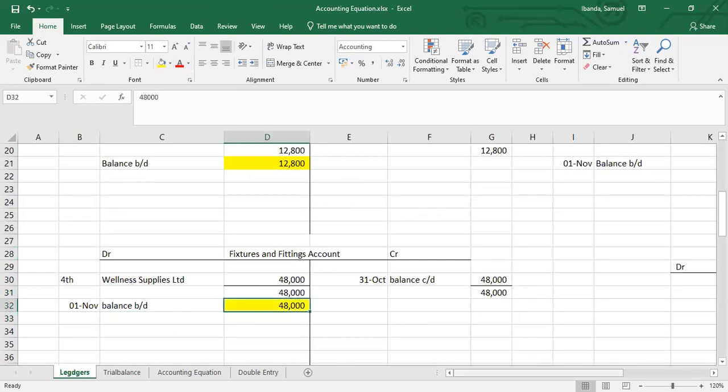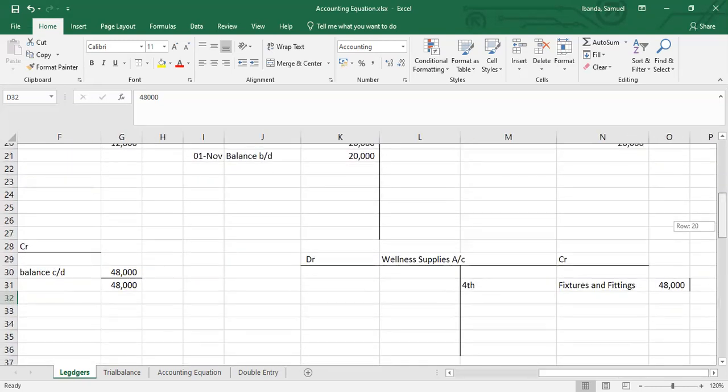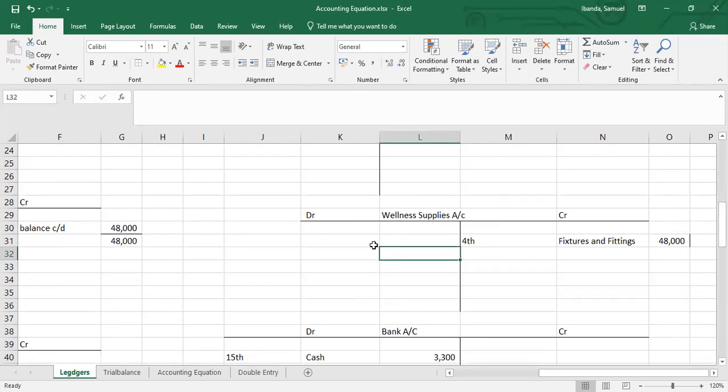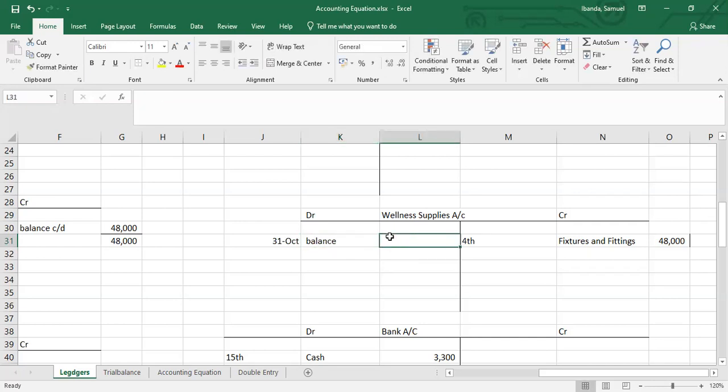Just carry that. Then I come to wellness supplies. This was a creditor who gave us these fixtures and fittings. We didn't pay them by the end of the period. So on 31st, that balance, if you're in class and you already have this, you should be balancing off even before I balance off so that we can finish together.